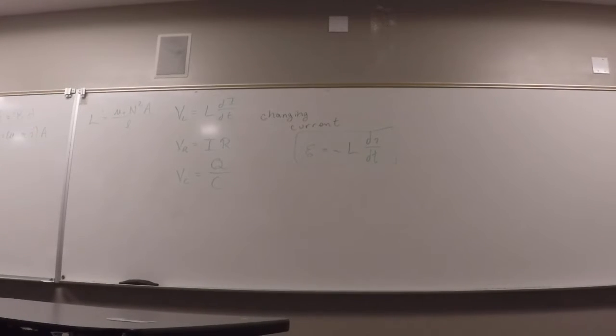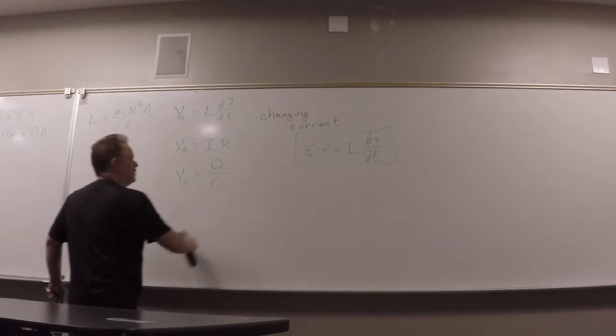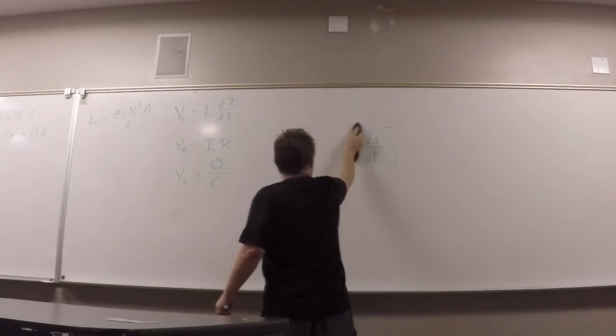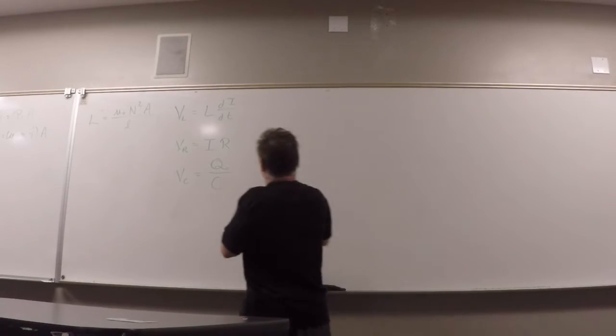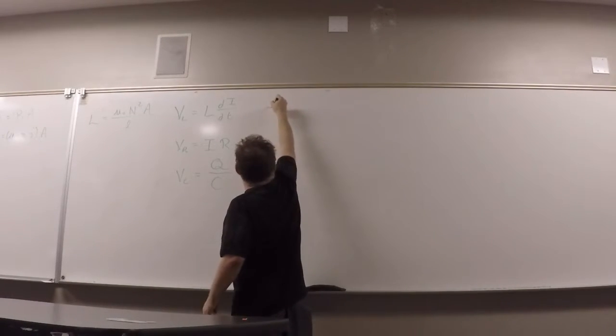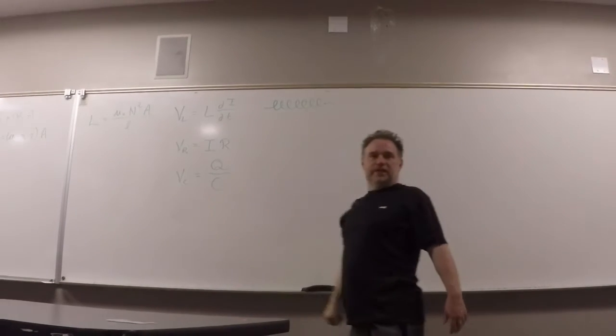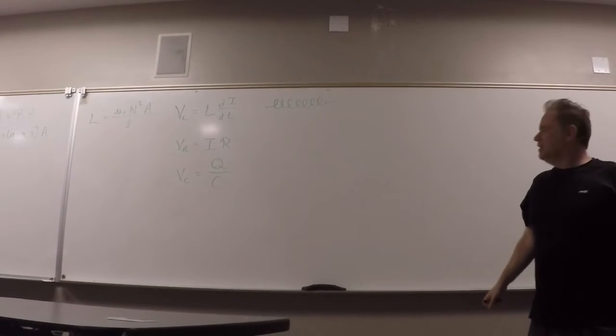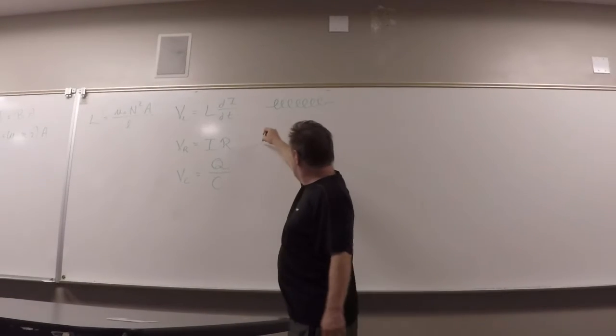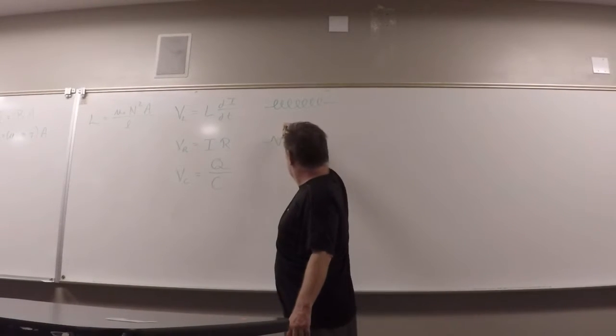And we represent an inductor in a circuit with, might as well just finish my chart over here. Okay, so the inductor looks like this. Kind of draw a little spring. In your resistor, remember what it looked like? Long sawtooth.